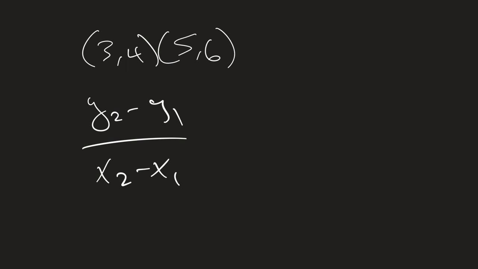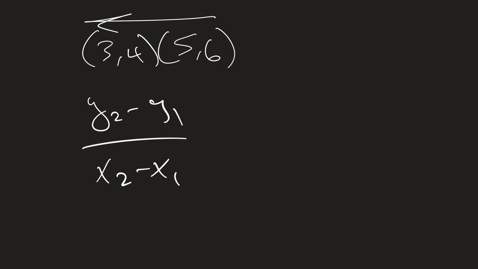It does not matter which way you subtract, just do it the same for both the x's and the y's. So really the sub 2 and sub 1 stuff is not a big deal. With this particular pair, I would subtract from right to left, just because those numbers are bigger.